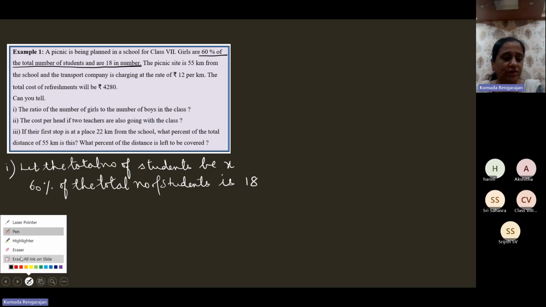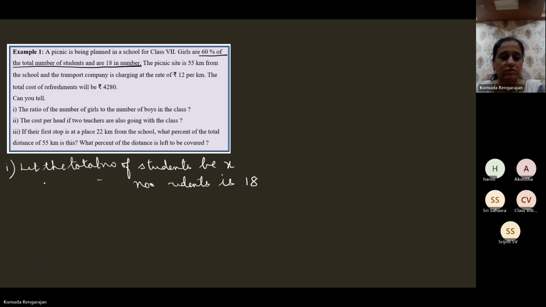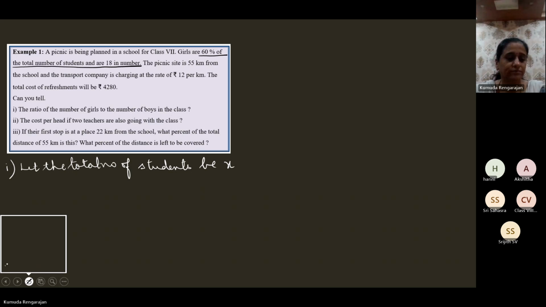Or to be more specific, you can write like this: percentage of girls is equal to 60%. Number of girls is equal to 18.